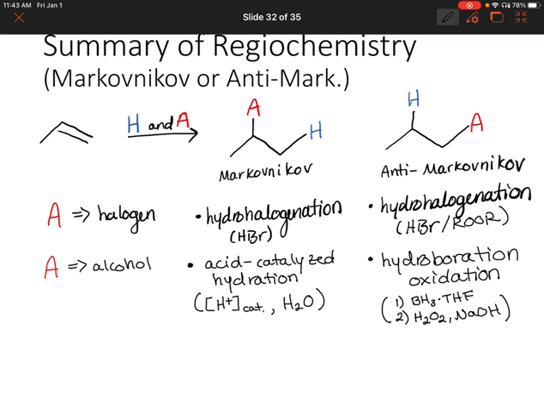So let's just say for that category, we'll say A is still an alcohol, but we want to avoid rearrangement. What reaction would we use? Oxymercuration, demercuration.